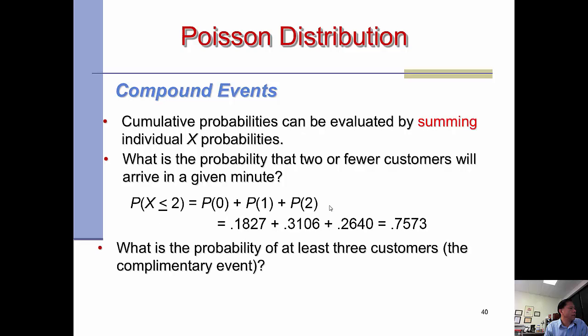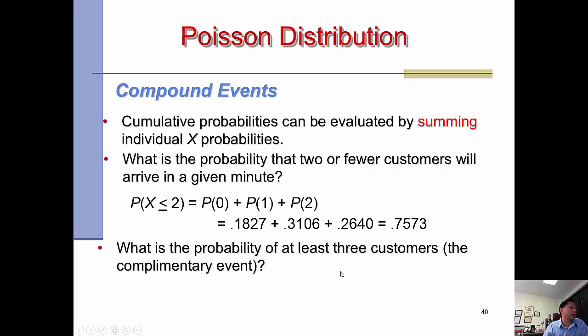Okay? Now, what is the probability that at least 3 customers are there? What is at least 3? Think about how that is related to 2 or fewer. If 2 or fewer and at least 3 are the only options, aren't they complements of each other? Yes, they are.